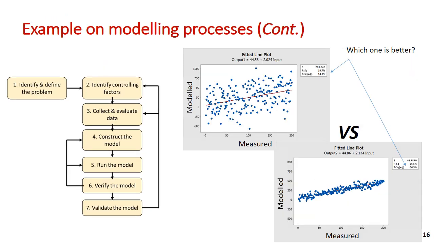Now, once you get a reasonable result, you move to the next step, which is validation of the model. So what is the validation of the model? In validation, again, you try to make your model match real life, as close as possible to reality. So you compare the measured data that you collected with the model data, and then you look at the relation, and in this case you will look at the R square.